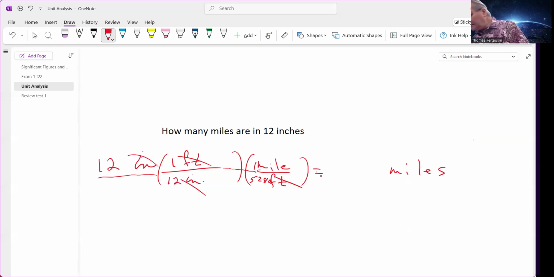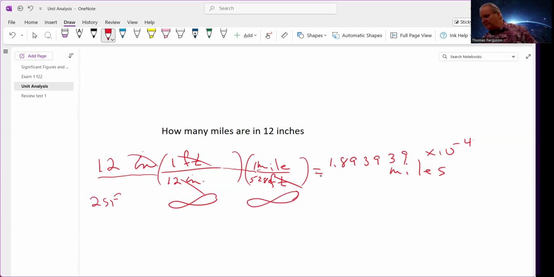So we're looking at, okay, 2 sig figs, infinite by definition, so our answer is going to be 2 sig figs.